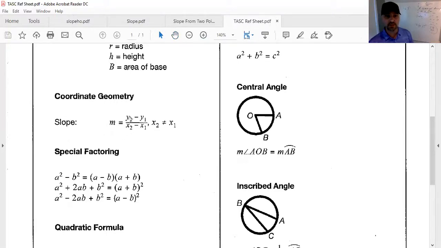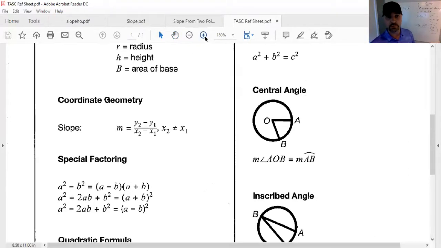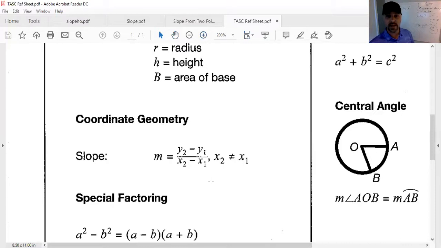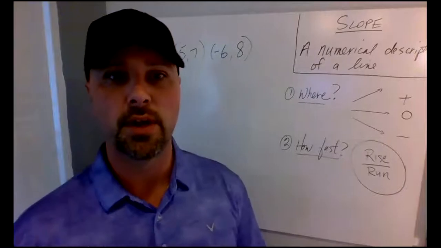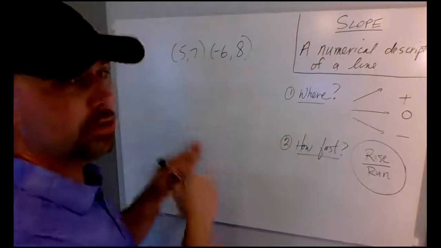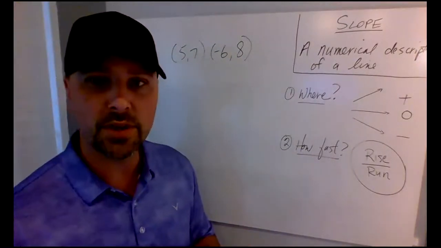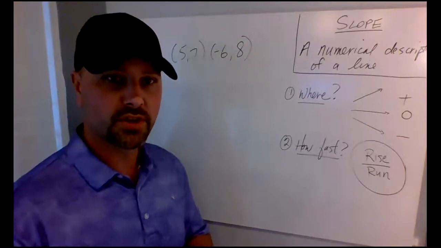M equals y2 minus y1 over x2 minus x1, comma, x2 not equal to x1. All right, looks complicated, but really it's not. So let's refer to that as we are working on this next section. All right, so here's our 2 points. Remember, every time we see a coordinate, there's an x and a y.